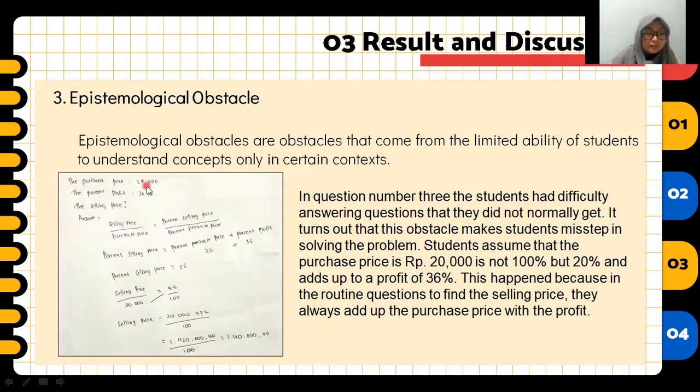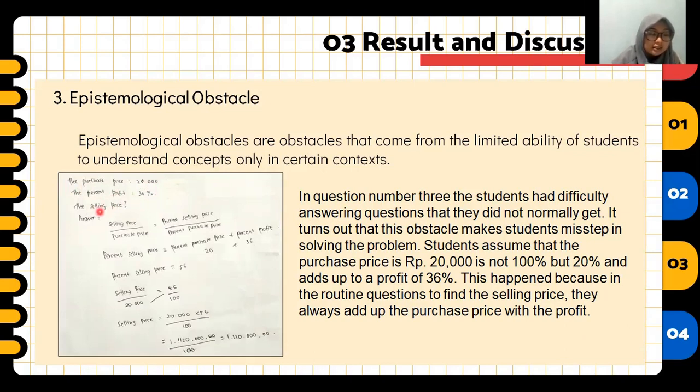Okay, let's see the picture. This is the students' answer in number 3. Here we can see the purchase price is 20,000 and the percent profit is 36%.